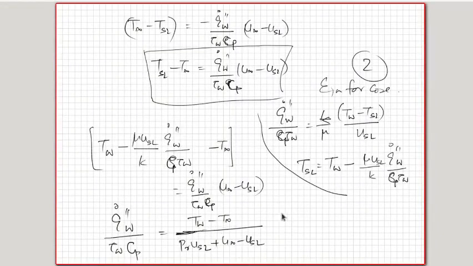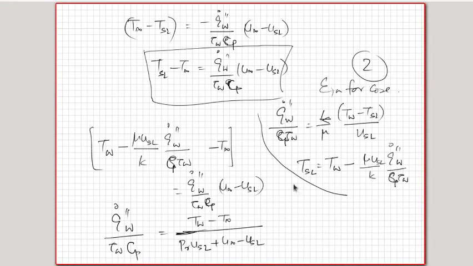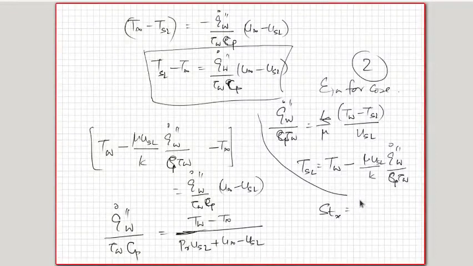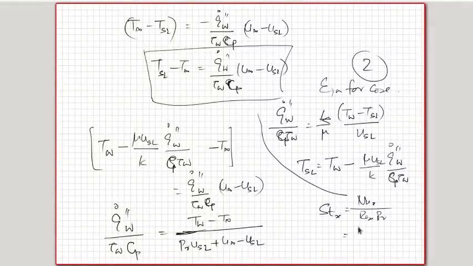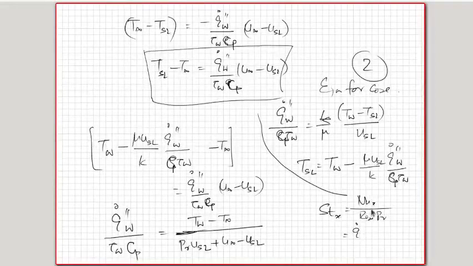Okay, so now I can write the expression for Stanton number. Since what is Stanton number? Stanton number at X is nothing but Nu by Re Pr.